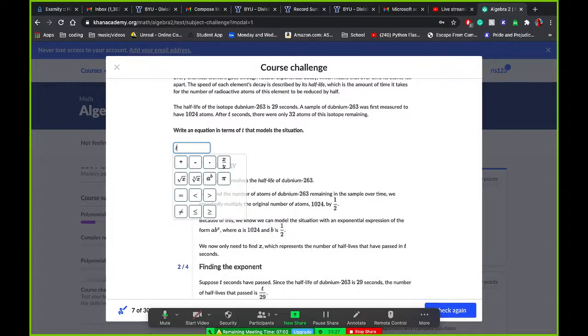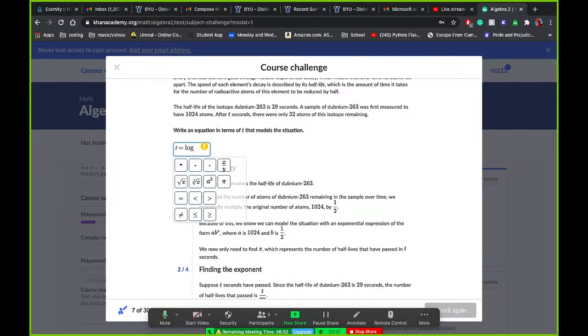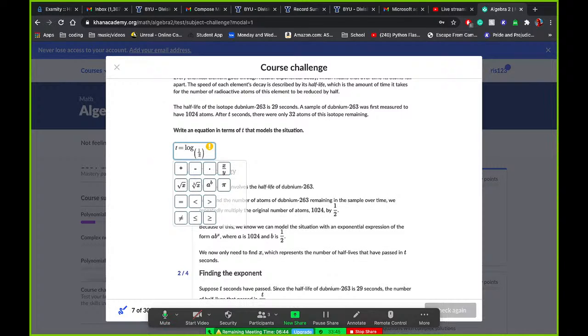We have to put it in terms of t, so t is equal to log base b. So b has to be 1 over 2 because that's what we had that time. So we have 1 divided by 2.